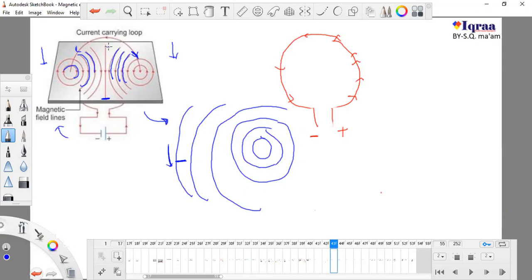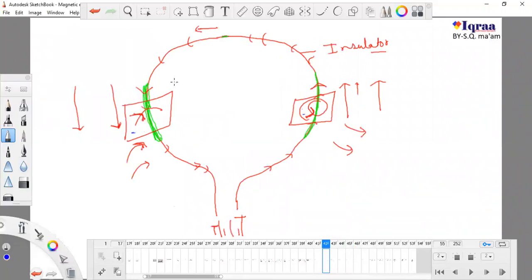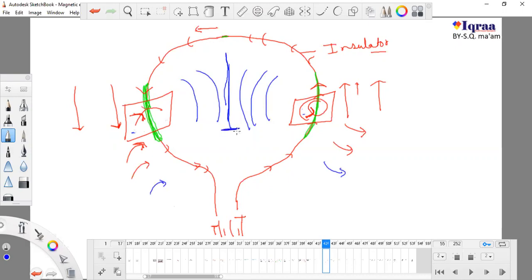At this side there is equal magnetic field, because these magnetic fields are getting larger, but at this center something is facing equal rotation. Something is rotating here and something is rotating here, so this line is feeling something in between, or we can say an equal amount of magnetic field lines.